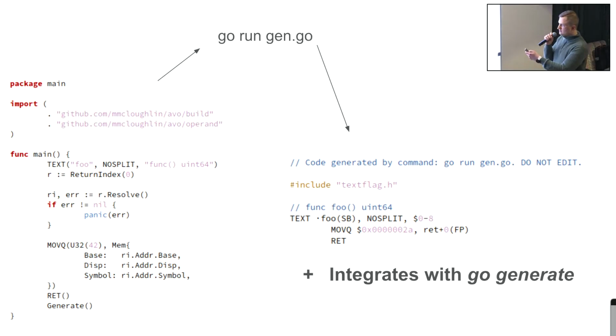You can see that this is much nicer compared to writing everything yourself. As a bonus, you can integrate it with go generate, and you also get nice error messages. For example, it checks for various common small mistakes that you might make, so it prevents some of the footguns.